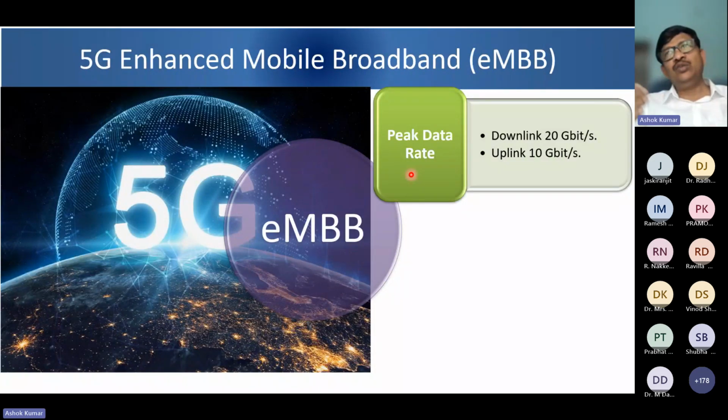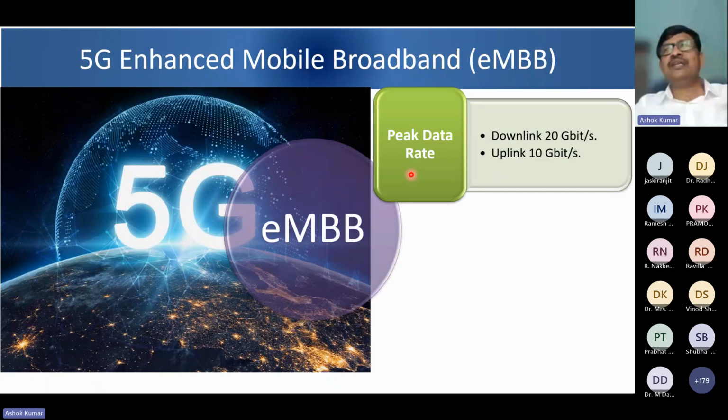And peak data rate ITU has defined as, if you have an ideal condition and all the radio resources are being utilized by only one handset, whatever data rate is achieved is called peak data rate, right? And this doesn't mean that whatever 5G network is rolled out will be able to do this 20 Gbps, because over a period of a few releases only the technology is able to achieve all the key performance requirements of ITU.